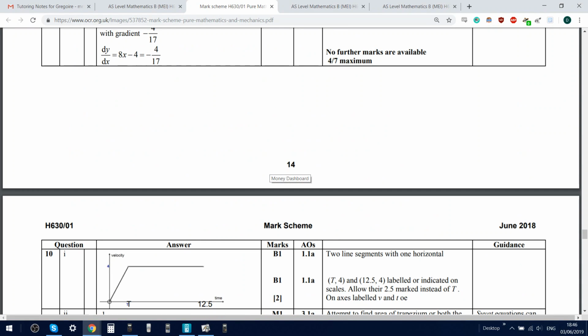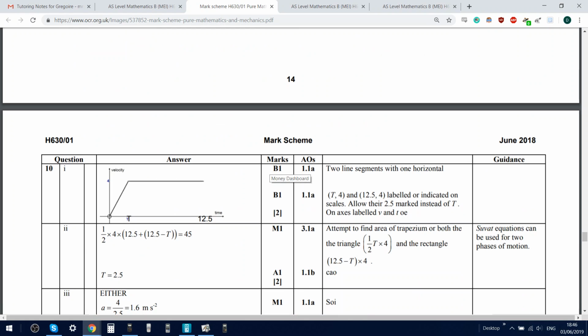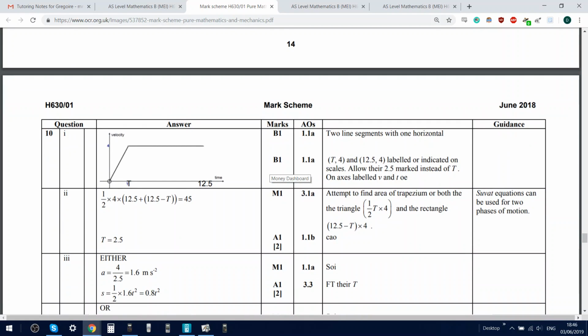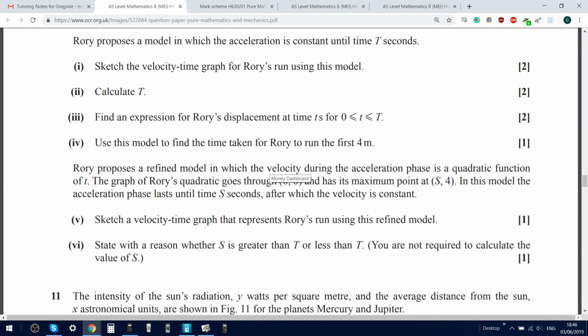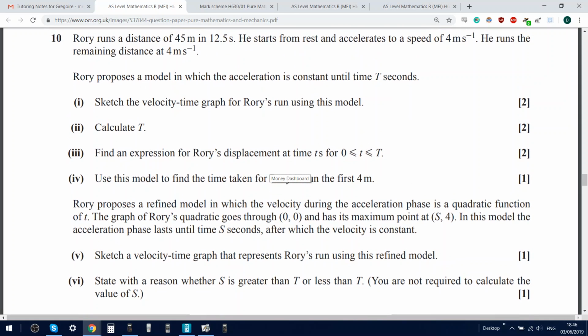Do you have to make a whole equation? Oh, sorry, it's a suvat. Looks like it's suvat. So an expression for his displacement at time t. So t equals t.